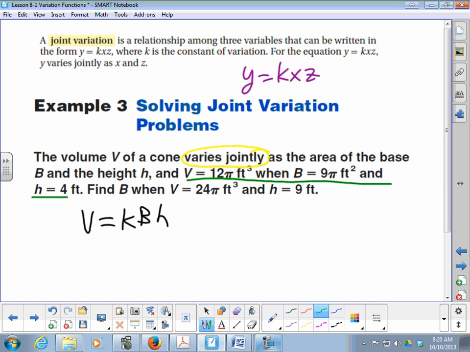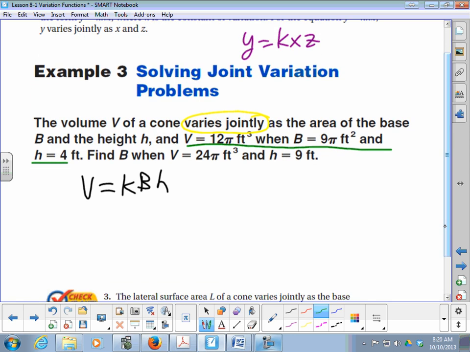And so what's missing from there? k is. So we're going to find that constant of variation. So we plug those numbers in. We have 12 pi equals k times 9 pi times 4.